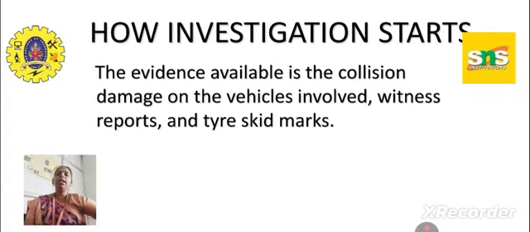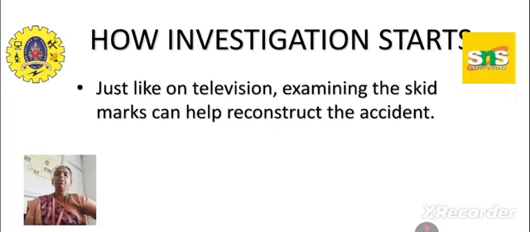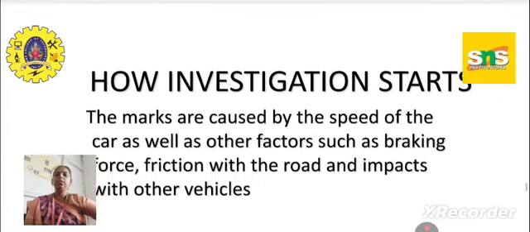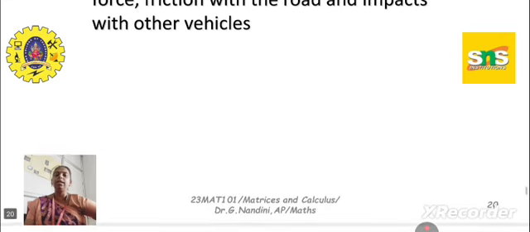The evidence available is the collision damage on the vehicles involved, witness reports, and tire skid marks. Just like on television, examining the skid marks can help reconstruct the accident. The marks are caused by the speed of the car as well as other factors such as braking force, friction with the road, and impact with other vehicles.